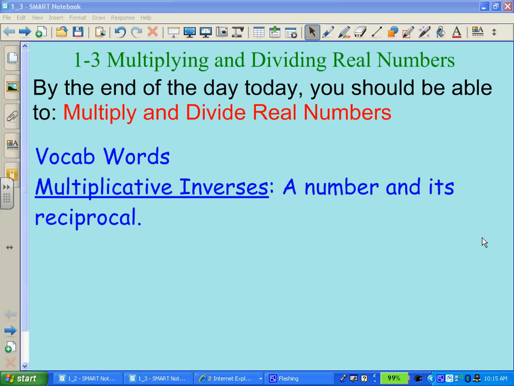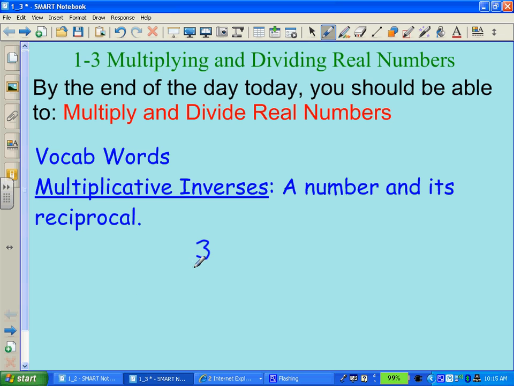And that is a number and its reciprocal. Now you'll see the word reciprocal quite a bit. And if you'll remember from when you learned how to multiply and divide fractions, you talked about reciprocals. Okay, and a reciprocal, all it is, let's say I have the number 3.